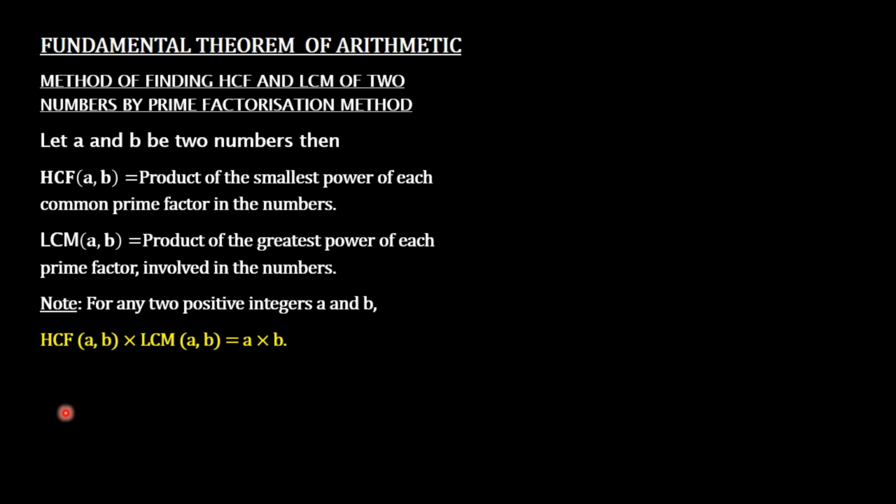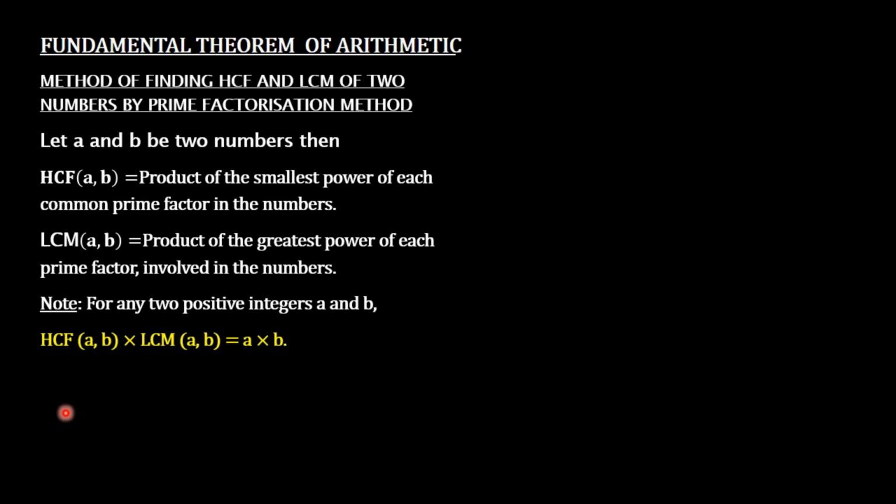What are the multiples of 2? 2 into 2 is 4, 2 into 3 is 6, 2 into 4 is 8, and so on. Multiples of 2 are numbers obtained by multiplying something by 2. To find the LCM, we find the least common multiple of A and B.